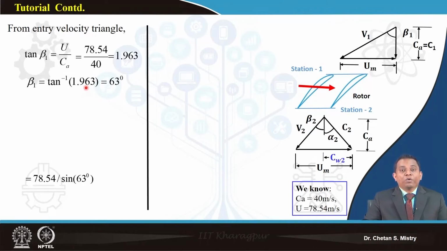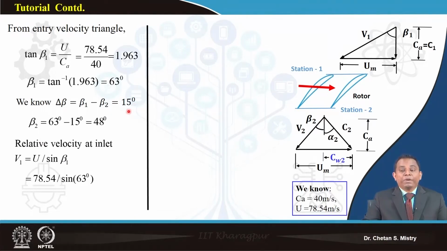Now we have our delta beta, which is known to us. Let me put delta beta as beta 1 minus beta 2. It is given that the difference is 15 degree, so I can calculate my beta 2.